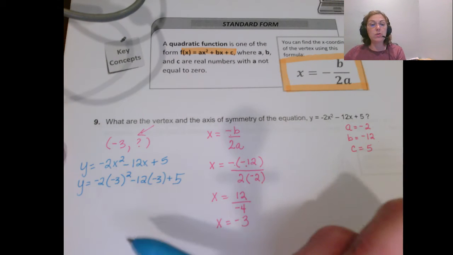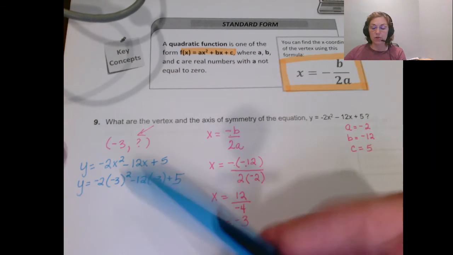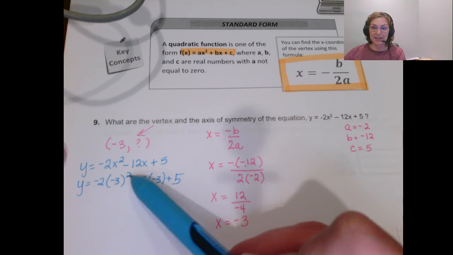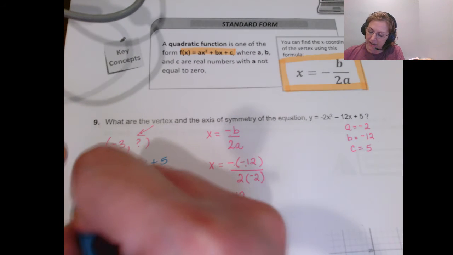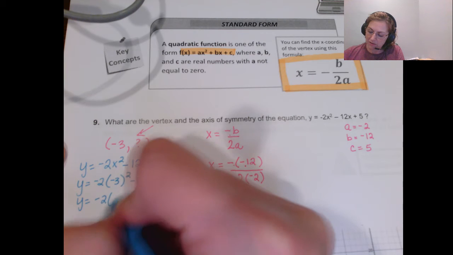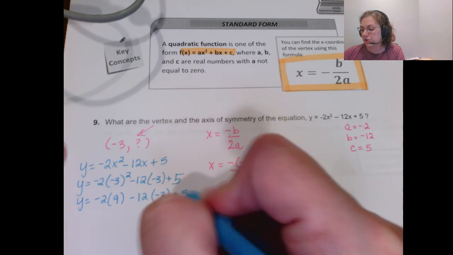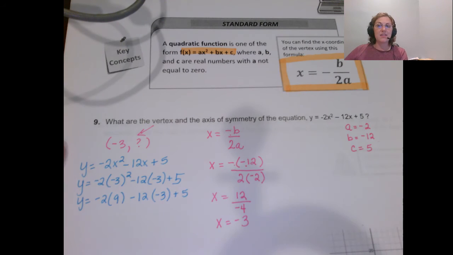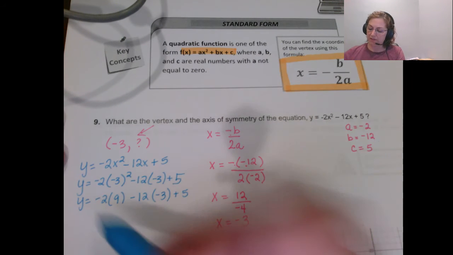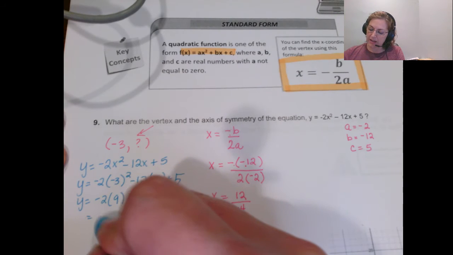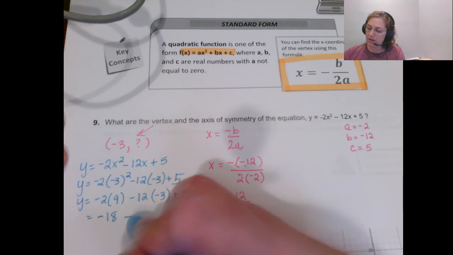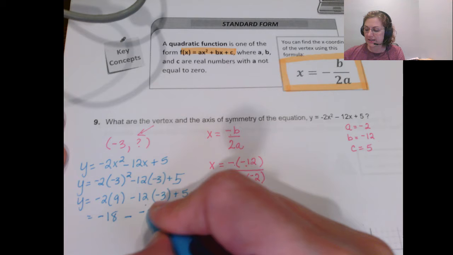Now remember, when you evaluate this, you've got to follow your order of operations. So you've got -3 squared, which is 9. Try not to skip too many steps in here so that you don't make any mistakes. Then, order of operations, we multiply, right? -2 times 9 is -18. 12 times -3 is -36.